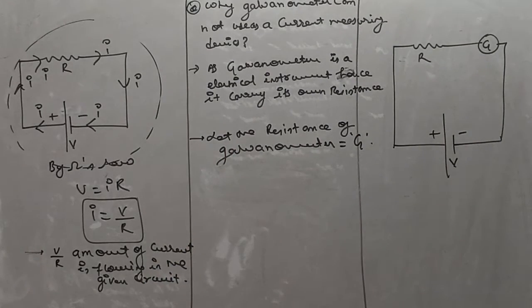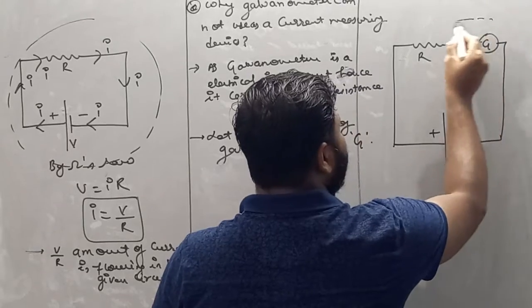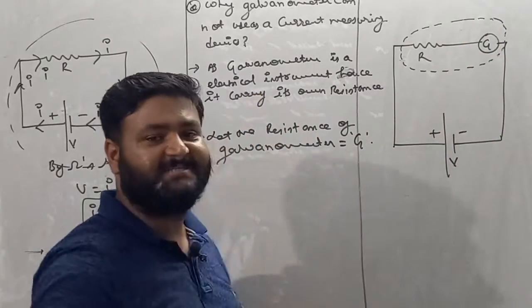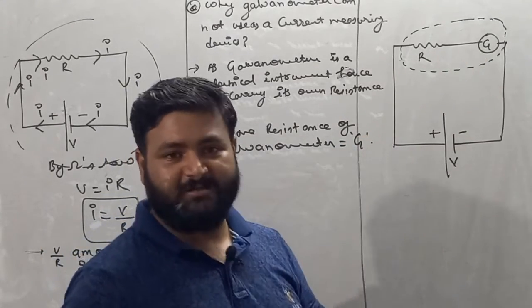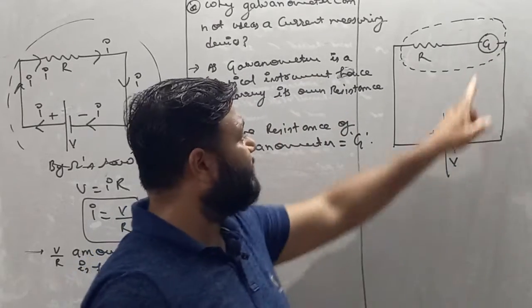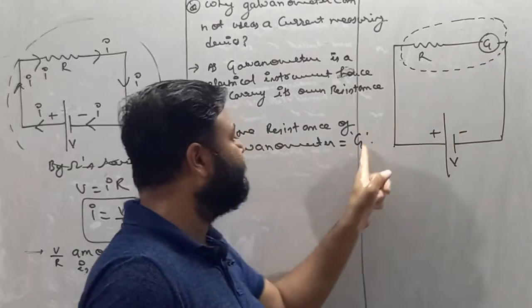After connecting it, the value of resistance changes. Now not only one resistor is there; along with this resistor, the galvanometer is also present, and it carries some resistance, which I am considering to be G.